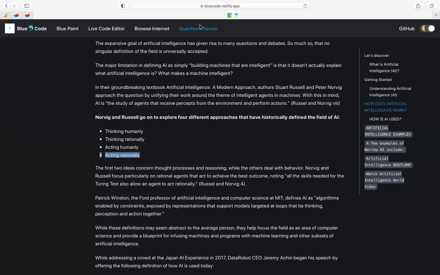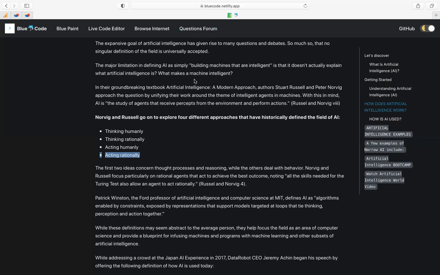Now the third one is acting humanly. There is no way that the model or robot you build, your trained data or trained robot, when you give it food and tell it to eat, it should use its legs to fetch the food. It should have the ability to act like a human.